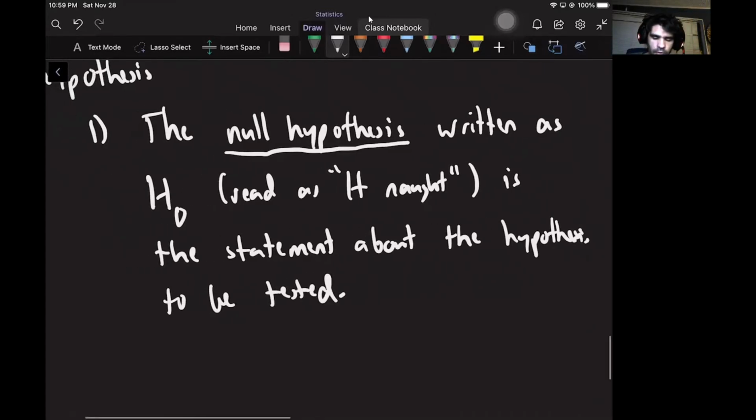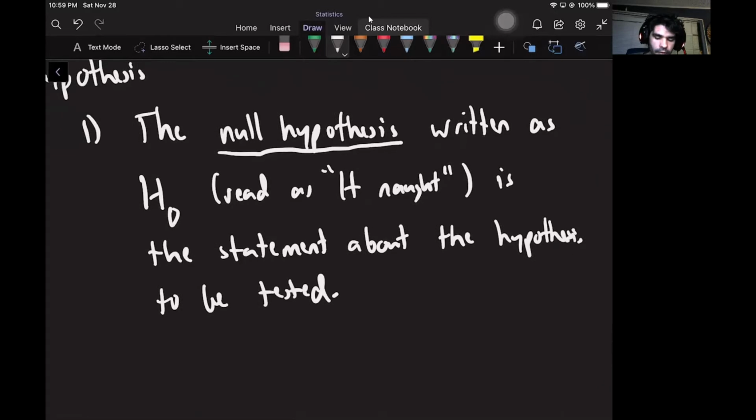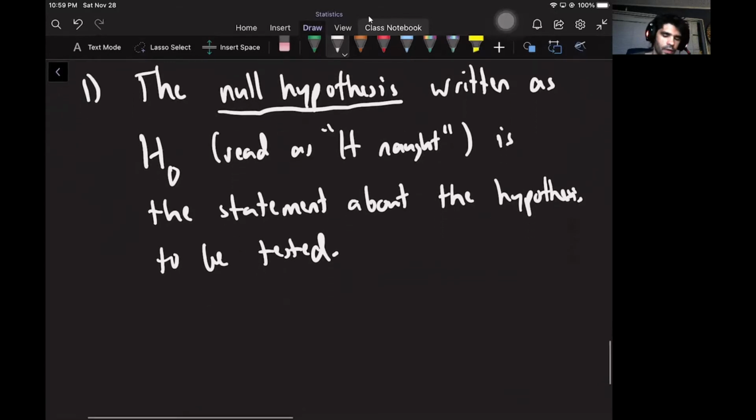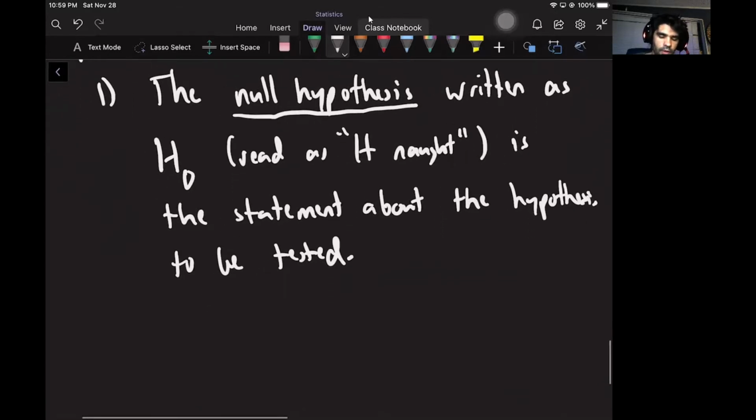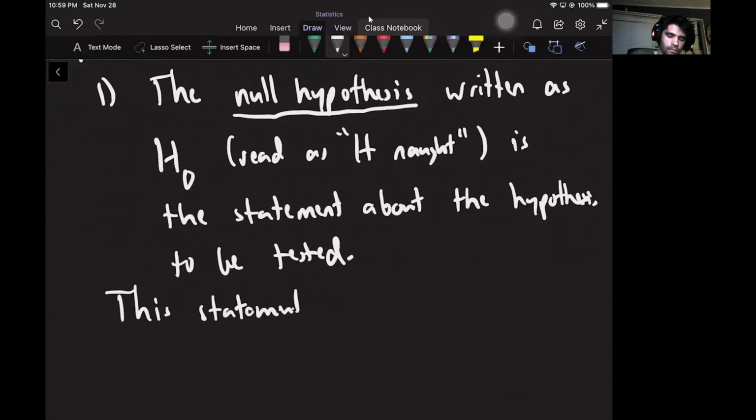So it sounds a bit confusing the way it's said here. The way to really remember what the null hypothesis is, it's really just the statement that you assume is true. This statement is always assumed to be true.